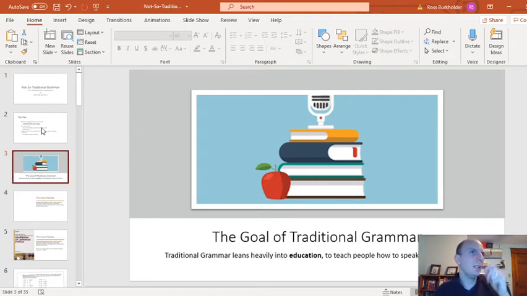But I'm going to say that traditional grammar in practice has been largely focused on education. This may not be the only thing that it does. In fact, traditional grammar has a long history rising out of ancient Greece and the Romans after them, etc. You see a lot of Latin influence, in fact, in the way that traditional grammar is taught.